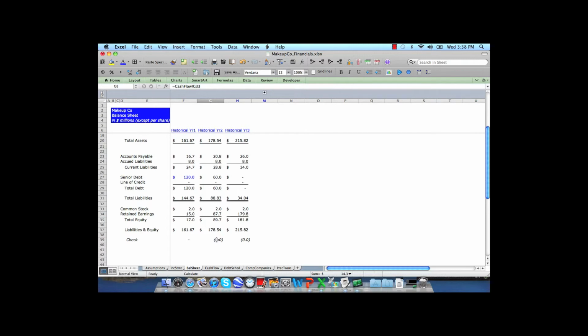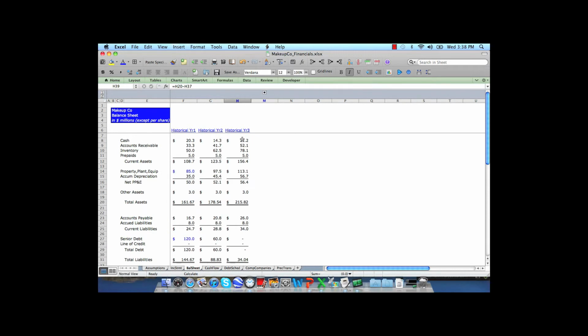And it's key to always make sure that your balance sheet balances. I have a little formula down bottom for us to monitor, just making sure we've got dashes or zeros showing that it's balanced.